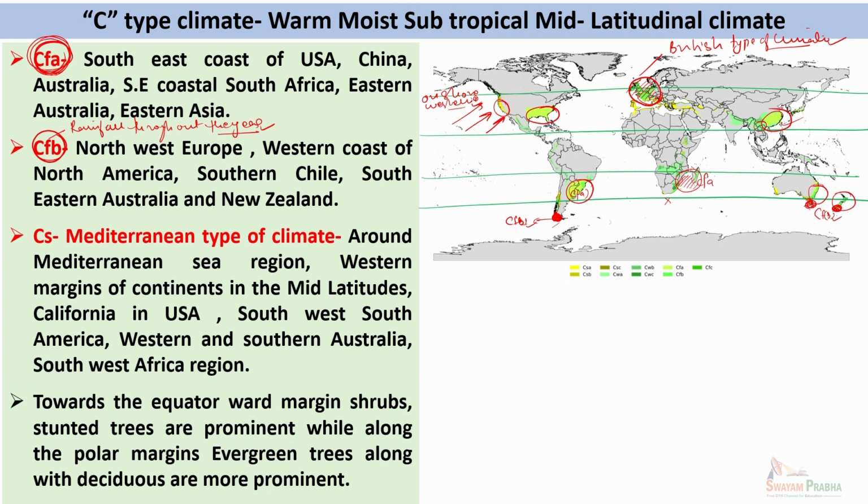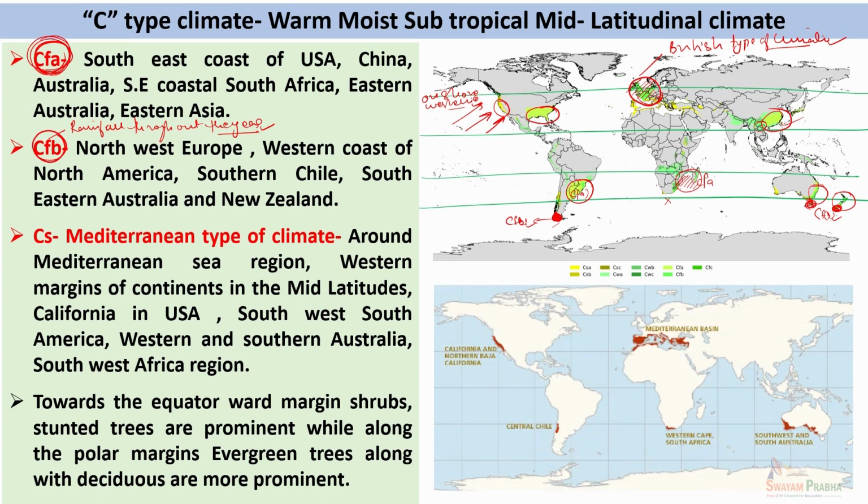Now coming to another variant of C type of climate, it is CS type of climate, and S stands for summer dry. So these regions experience rainfall prominently during the winter season, and the summer season is mostly dry. So why do these experience rainfall prominently during the winter season?